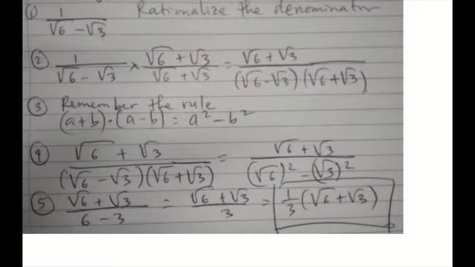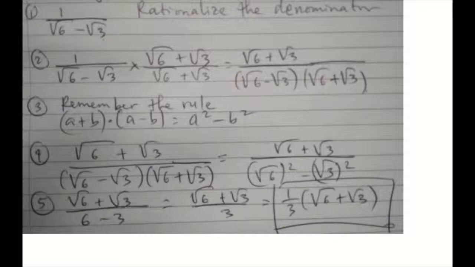So, the numerator is square root of 6 plus square root of 3, over the denominator square root of 6 minus square root of 3 times square root of 6 plus square root of 3. Basically, what we should do with the denominator is just square root of 6 squared minus square root of 3 squared. So, the final calculation is square root of 6 plus square root of 3 over 6 minus 3.